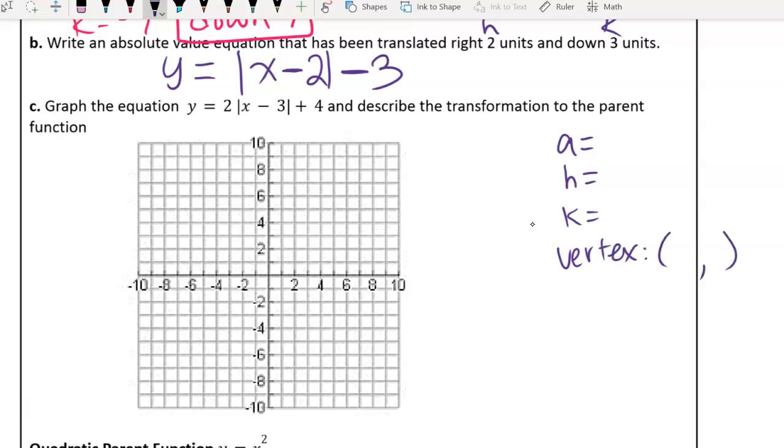So looking at this equation, what is the A value? 2. And what is the H value? Remember, x lies. Positive 3. And what about the K? Negative 3.